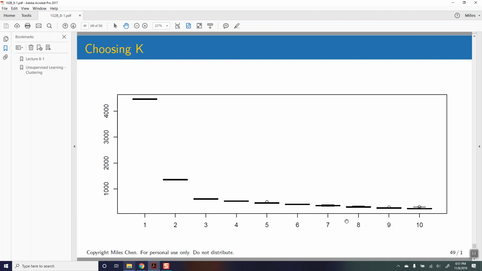I don't know how to determine how many clusters you should have. It's very, very challenging, and it's similar to the impossible question of how many races and ethnicities there are.